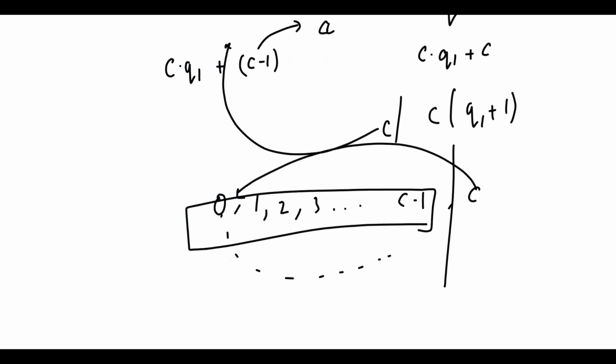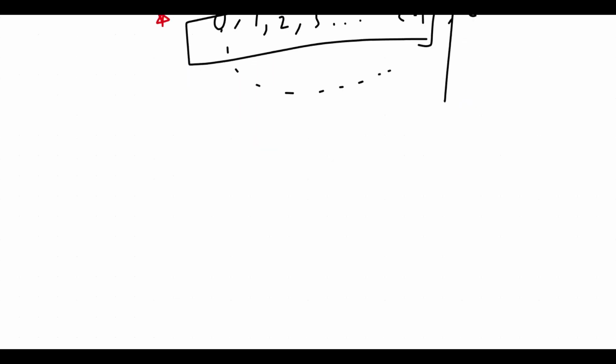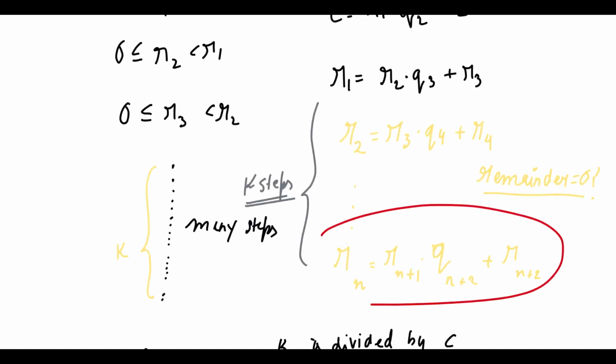So let's go back to that Euclidean thing. Anant, have you figured out why this leaves remainder 0 at last? I think I told you.